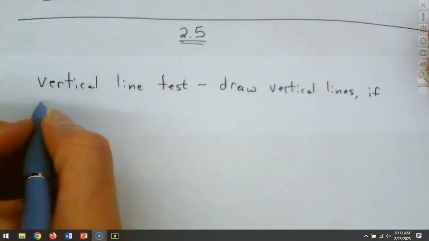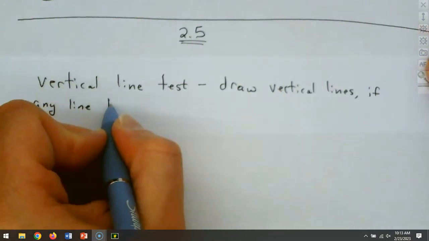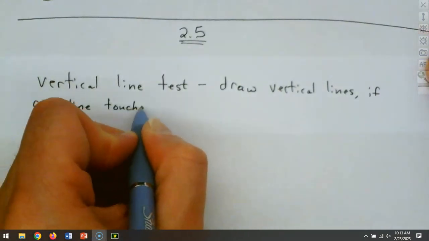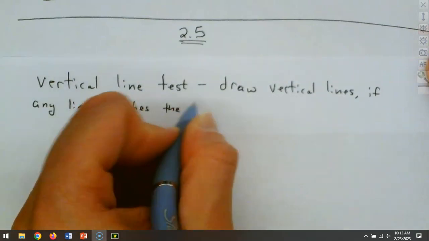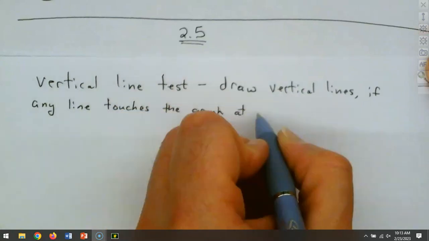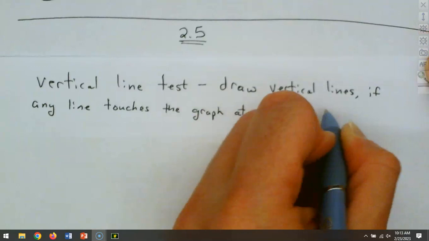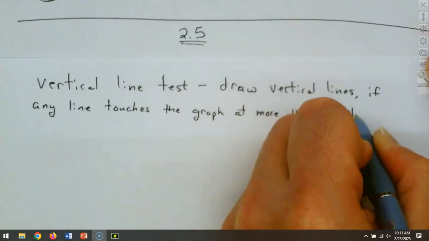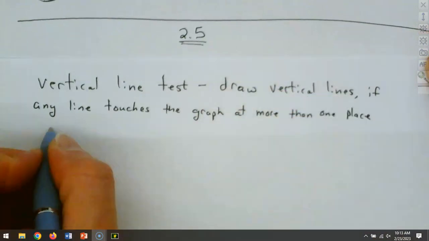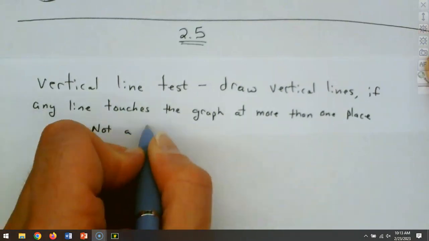If any line touches the graph at more than one place, it is not a function.